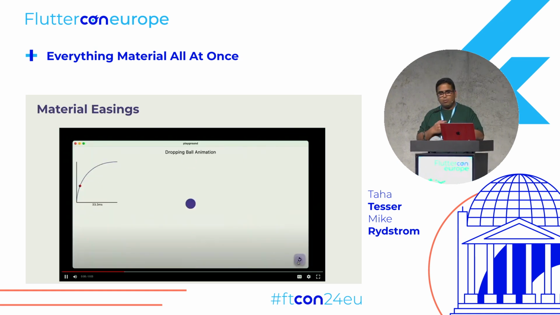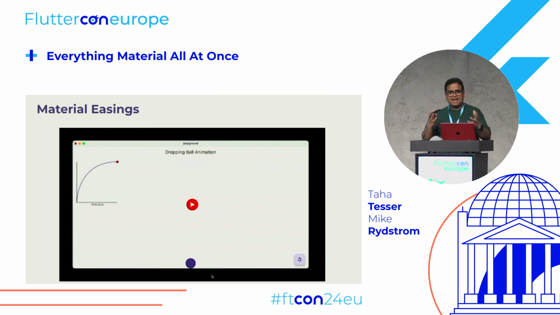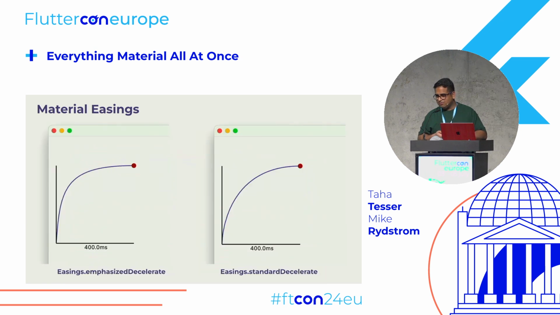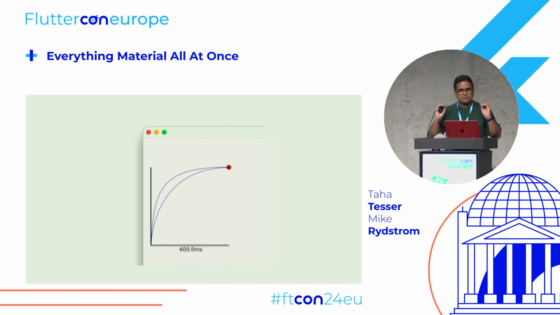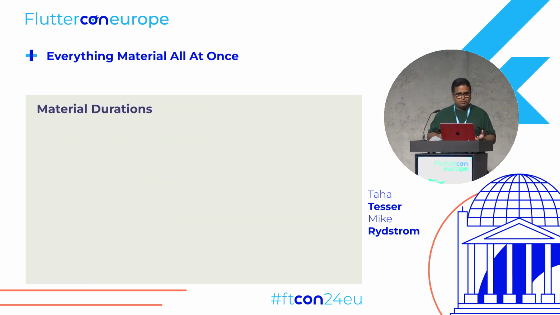It's much more linear, even though it's a curve, it's not as pronounced as the emphasized one. There is a lot of emphasis on that emphasized curve. On the left, it's the emphasized decelerate. On the right is the standard accelerate, decelerate. And you get this really emphasized animation curve. When you compare this, you can see that there's a very slight change, but it creates a really cool visual effect.